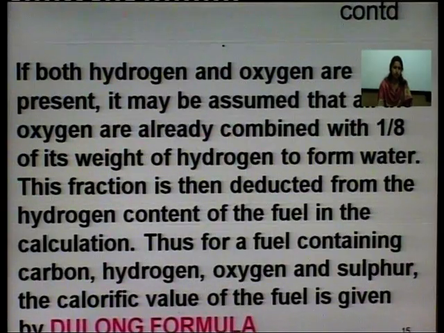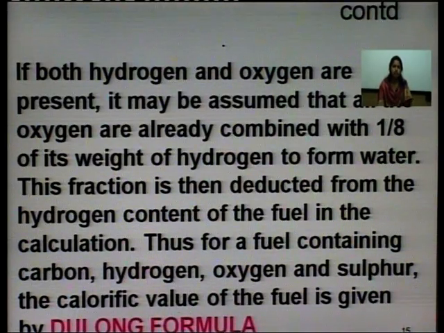Thus, for a fuel containing carbon, hydrogen, oxygen and sulfur, the calorific value is given by Dulong's formula. I have already discussed that calorific value can be calculated from the chemical composition of the fuel. One of the important formulas for this calculation is Dulong's formula.